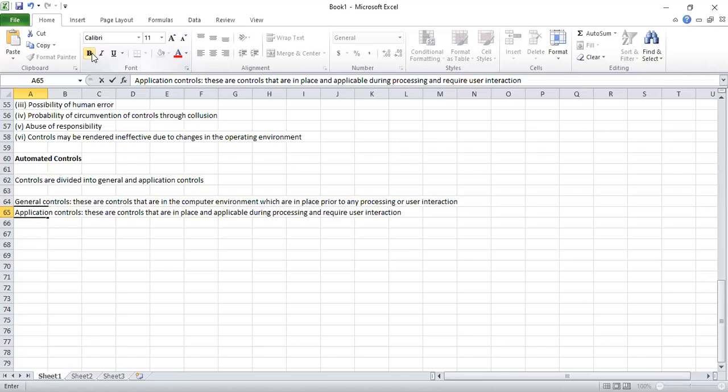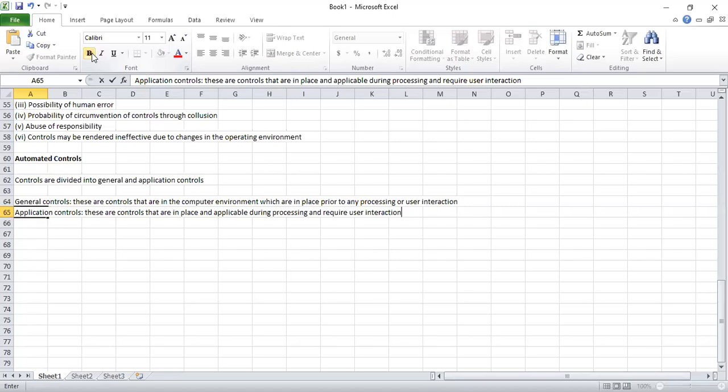So with application controls, it's now when you do your work. These are the controls that you now apply when you are doing your work: what you can do, you as the user of the system. Right.